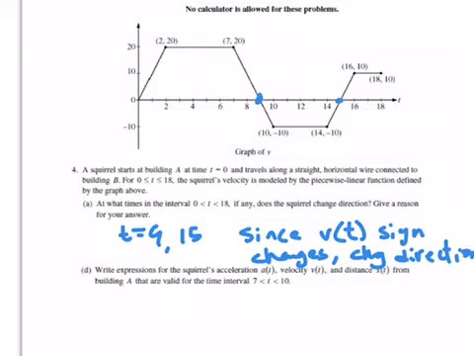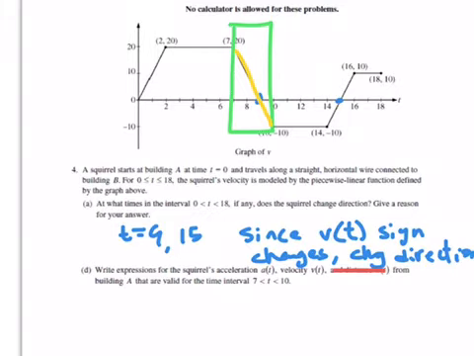Part D says to write expressions for the squirrel's acceleration, velocity, and distance. I'm going to scratch the distance for a moment and just do acceleration and velocity. So if I look at this window here from 7 to 10, that can be represented using a linear function. Now the slope, or the derivative of the velocity function, would be the acceleration.